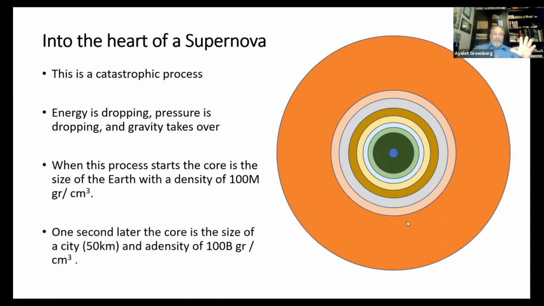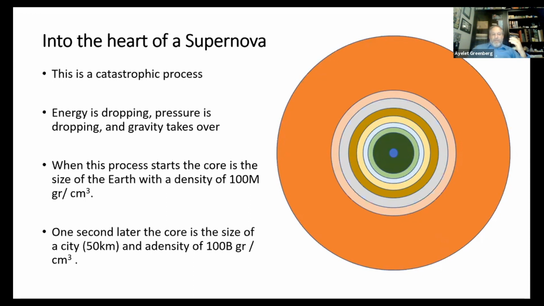1 second later, it is about the size of a city. An object made of iron, about the size of the Earth, is condensed to something the size of a large metropolitan city with a ridiculous density.